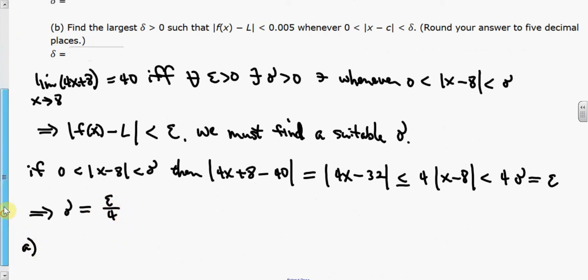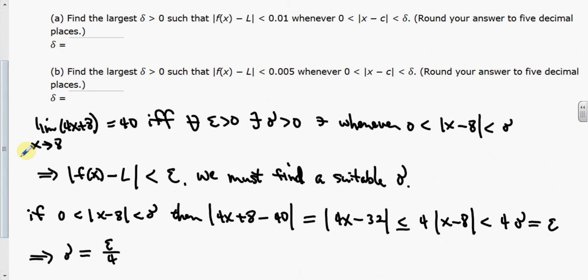So for part A, here, this number is epsilon. This is epsilon. And then for the second one, this is epsilon. So it said, if you know the epsilon, can you find the delta?